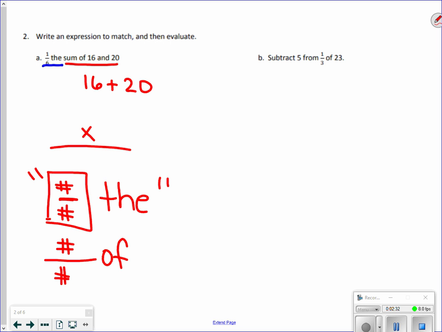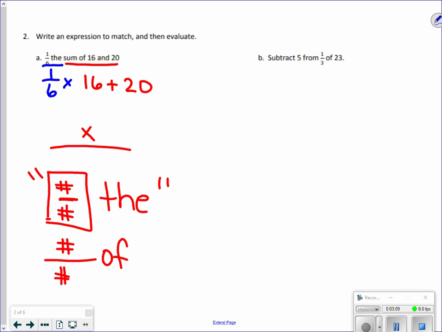So when you see 1/6 the, what am I going to do with 1/6? I'm going to take 1/6 and multiply the sum of 16 and 20. Do I need parentheses around 1/6 or around 16 and 20?